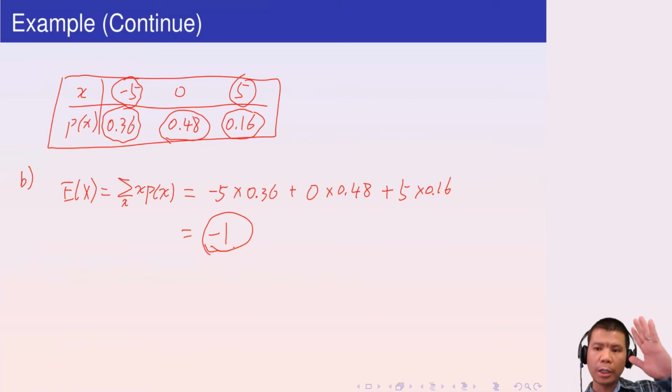But he has a larger chance of losing $5 than the chance of gaining $5. So on average, he's going to lose money, and lose how much? As we see, the expected value is -1. Therefore, this is how we interpret the outcome here. The expectation is -1 means in the long run, Tom will lose money for this game.